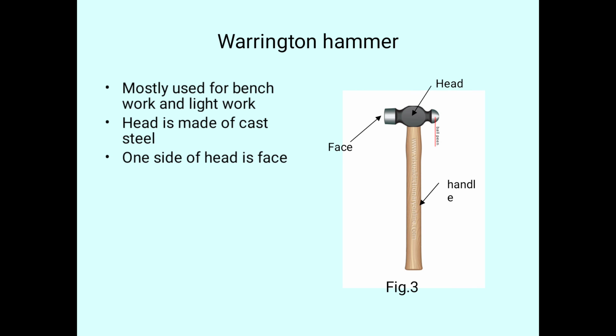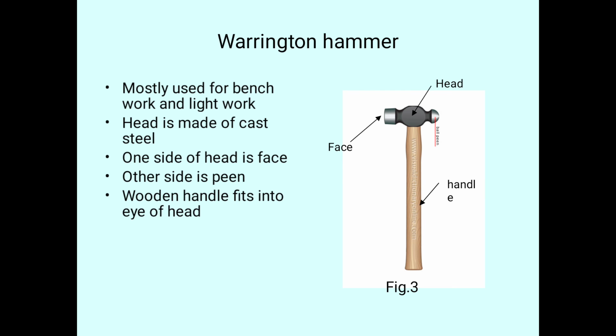Next, one side of the head has a face, and on the other side there is a ball pin. The wooden handle fits into the eye of the head. A steel wedge is inserted into the eye to form a rigid joint.